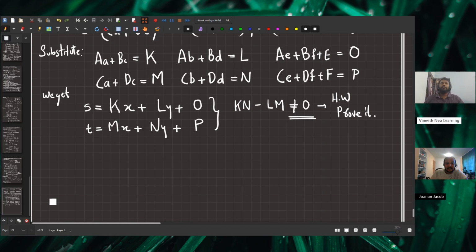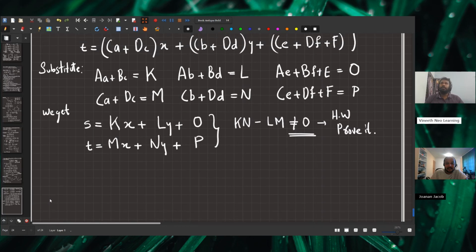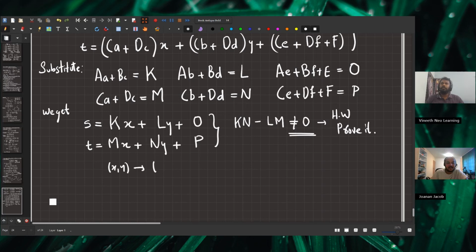That's it. So we have shown that this is a transformation from x, y to s, t, that is from A to C. This proves the transitivity.